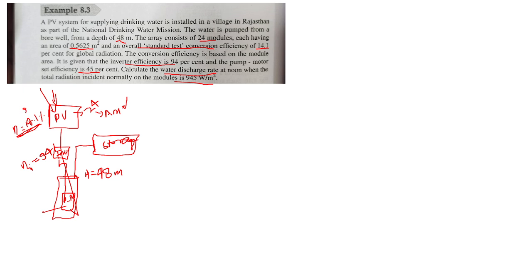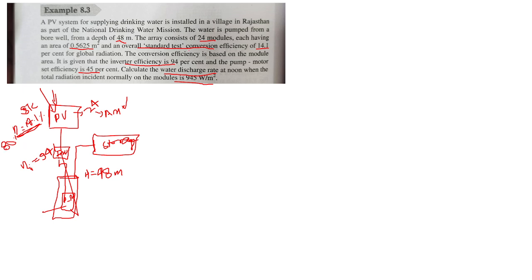In normal operating condition, your efficiency will not be the same as at standard test condition. So considering the actual conversion efficiency, let's say it is 80% of this value. I hope you understand why I'm taking a lesser value, because this value is at STC.